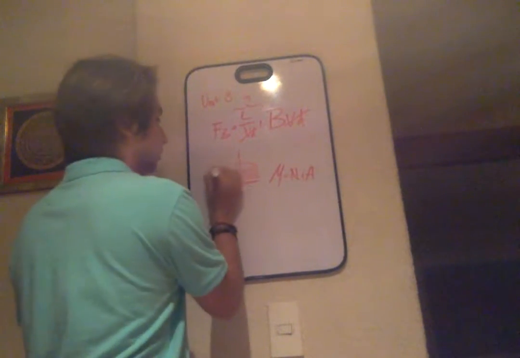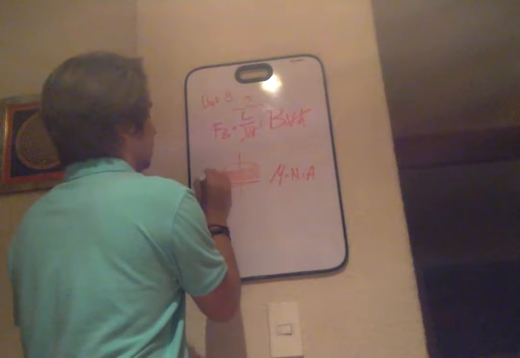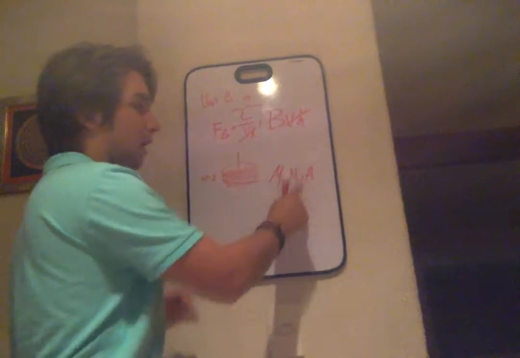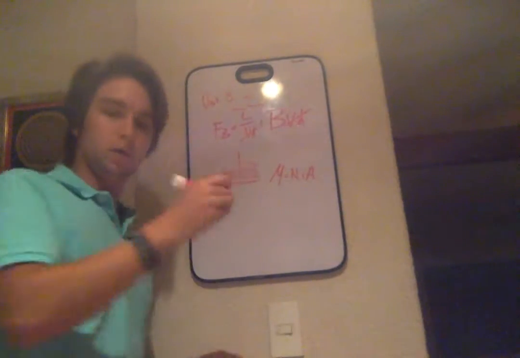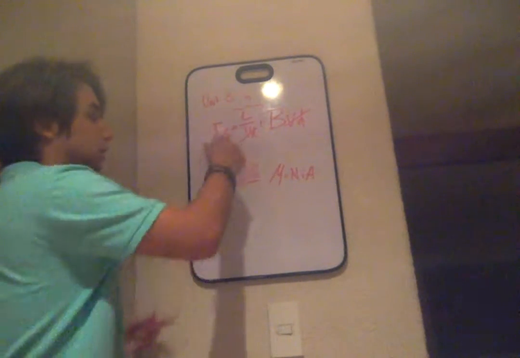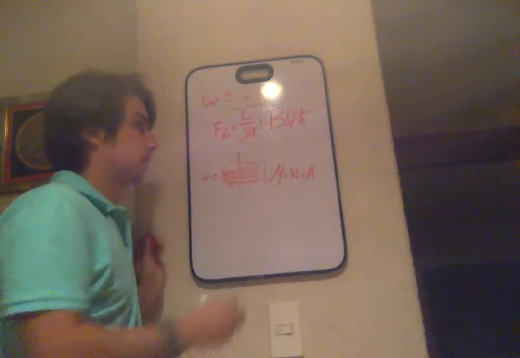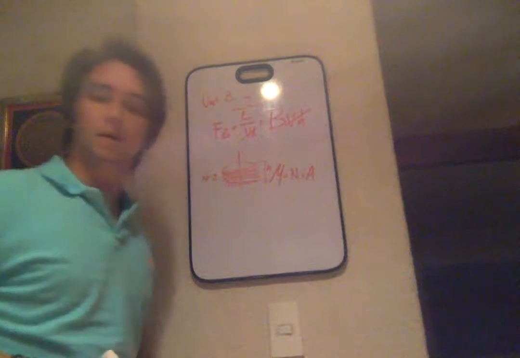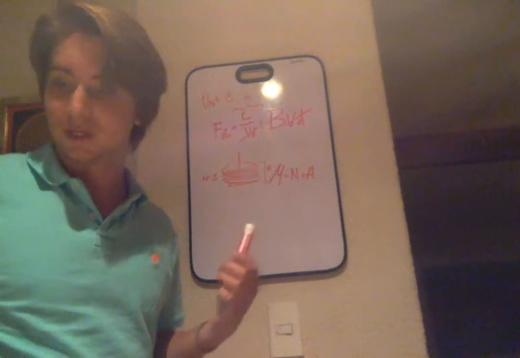So this could be 1, 2, 3, 4, 5, 6, 7, 8, and N equals 8, and I is the current through the wire that is around the object, and the area is this area. And that's a simple way to show it.